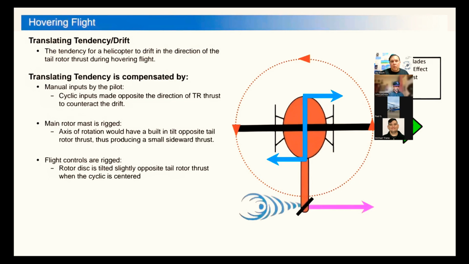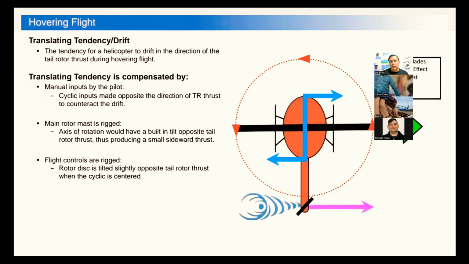It's nothing new per se, but it's the drifting of the helicopter. The tail rotor is going to cause it to drift, as you can see in the illustration, towards the direction where the tail rotor is pushing you. Usually it's very easily counteracted by some left cyclic.